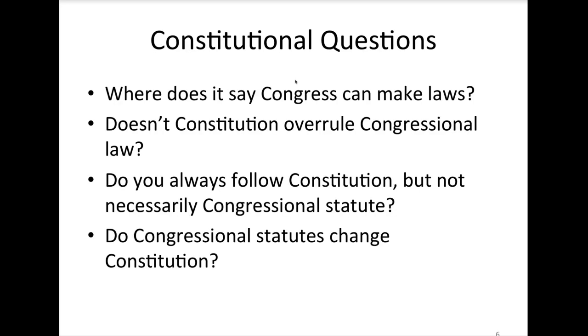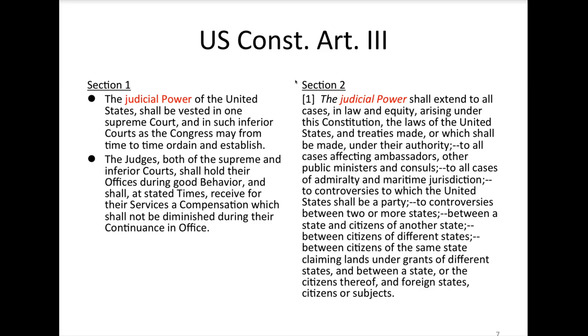The second question I hear is, why doesn't the Constitution overrule congressional law? And again, it might help to look at the Constitution. Section 1 just says that there is judicial power in one Supreme Court and maybe lower inferior courts. And then Section 2 says what the judicial power will include. It gives all the categories. But neither Section 2 nor Section 1 really tells you what federal courts can hear.